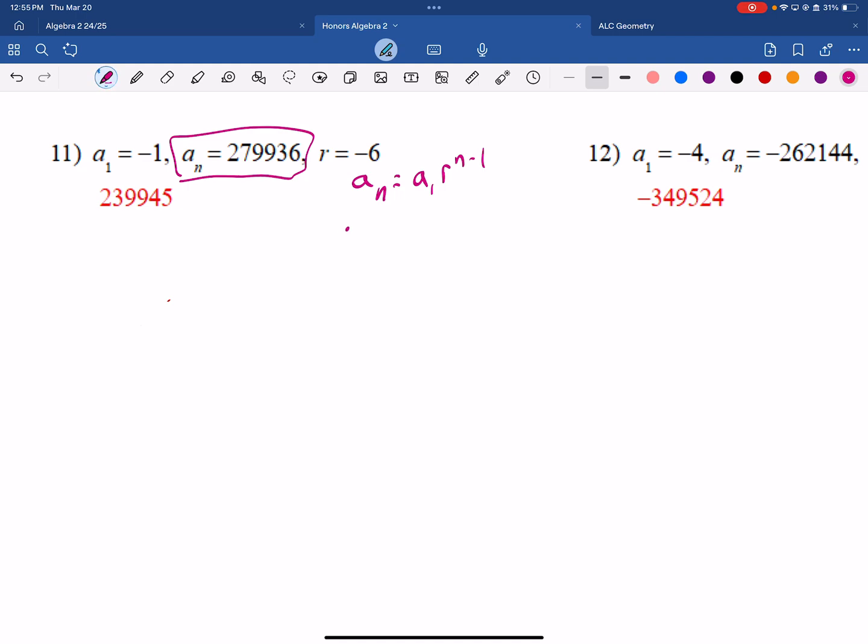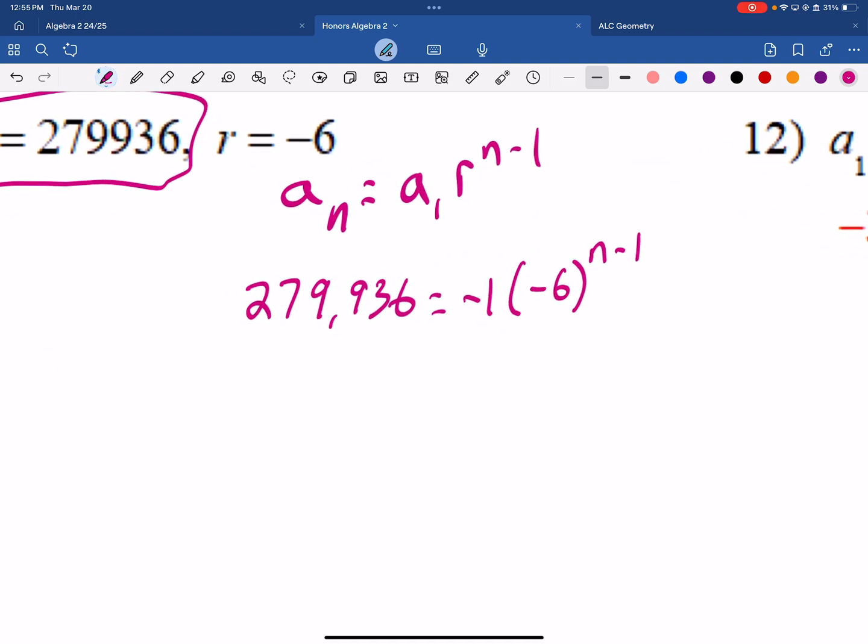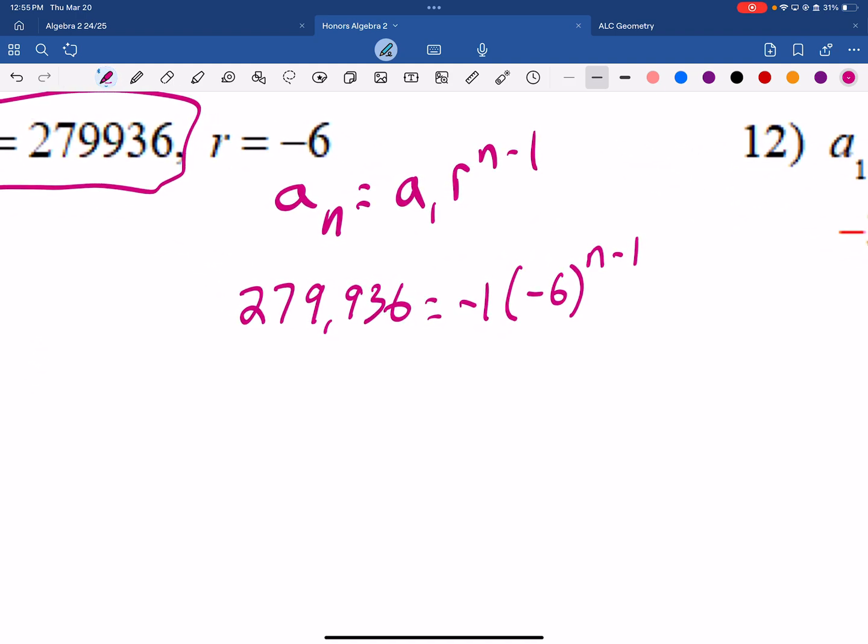So now we just kind of plug and play. 279,936 is equal to negative 1 times my ratio, which is negative 6 to the n minus 1. Okay.